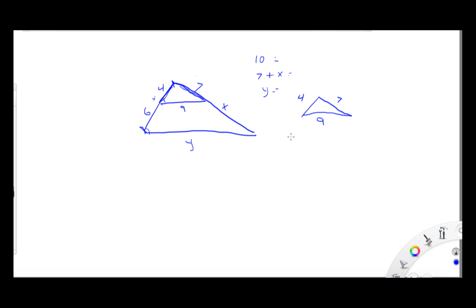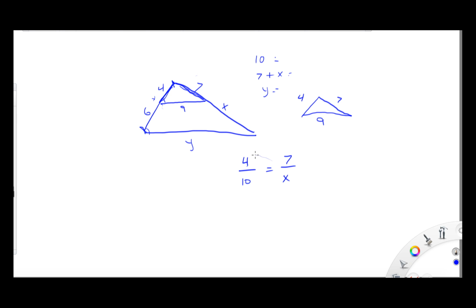Okay, so if we do scale factor, we can actually solve for this relatively easily. Okay, we're going to use 4 and 10 to do a scale factor. So 4 over a total of 10 equals 7 over we don't know.